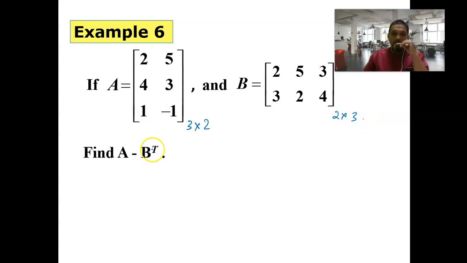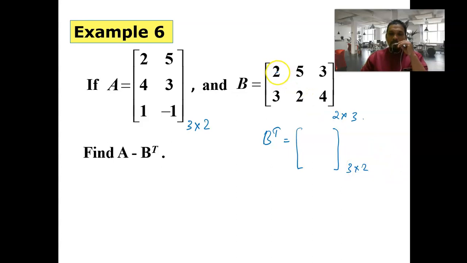But because from this question it is A minus B transpose, and B transpose is an interchange between the rows and columns, right now it is a matrix of 2 times 3, with 2 rows and 3 columns. It becomes a matrix of 3 times 2.